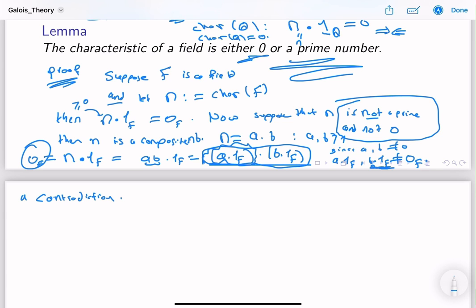There's an important concept that I should cover, because I've been using something about fields that I don't expect the audience to know, though it's an elementary thing. Let me just do a definition here.